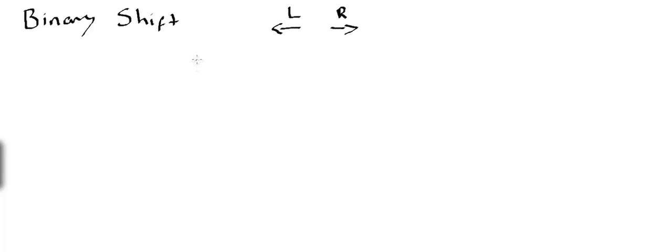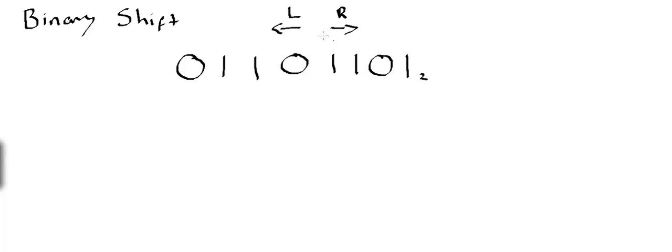So if you're given the binary value 1, 0, 1, 1, 0, 1, 1, 0, 1, and you are asked to do a shift 1 place to the left, what you have to do is move all of these numbers 1 place to the left, and we would just disregard this number over here.